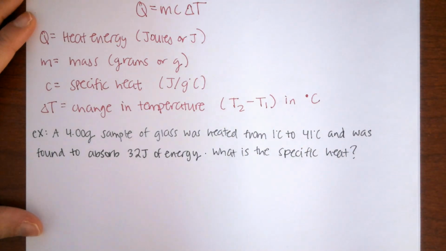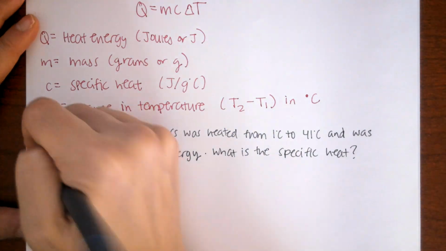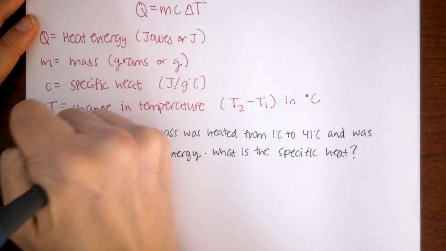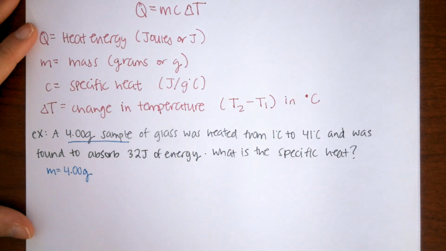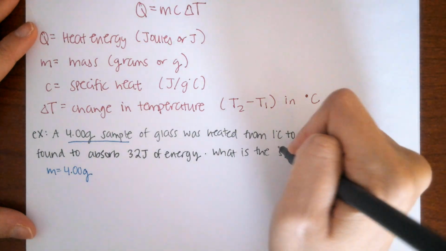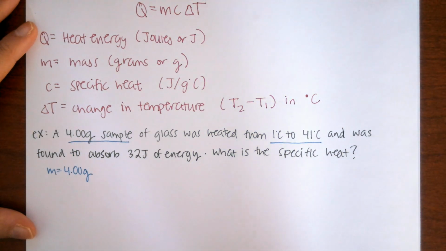As we're breaking down this question, I know that I am given the grams, or the mass. So my M is 4 grams. And then it is heated from 1 degree Celsius to 41 degrees Celsius. You have to be very careful here, because delta T can be positive or negative, because it can be heated or it can be cooled.